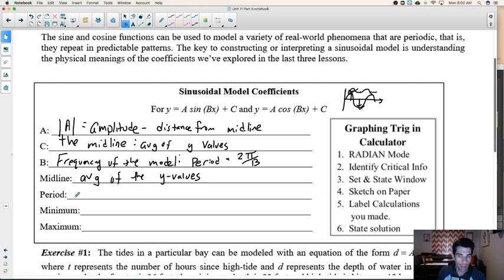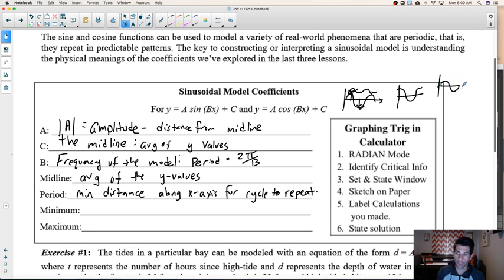Minimum distance along the x-axis for a cycle to repeat. Basically what that means in English is they're telling you how long it's going to take to complete that one cosine or that one sine.